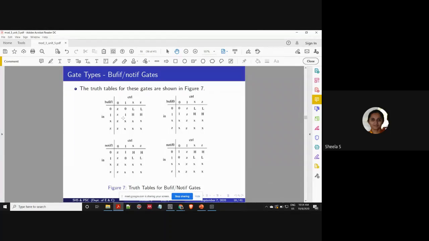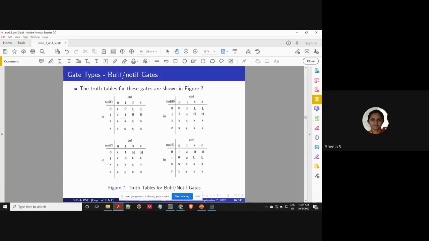As a result, it will be treated as no connection for the further circuits, so it will give the output as Z. If there is a connection, it should give either logic 0 or logic 1. If there is no connection, it cannot give either 0 or 1, so it will inform that as no connection by giving the value Z.